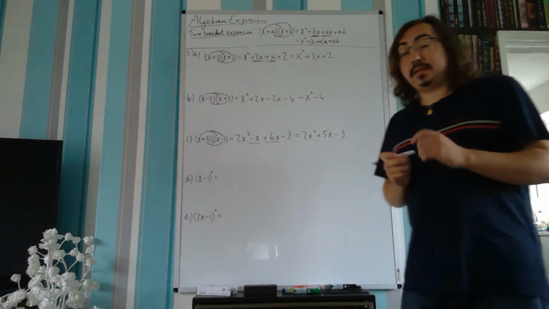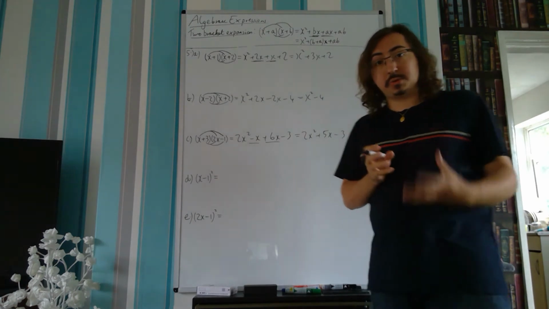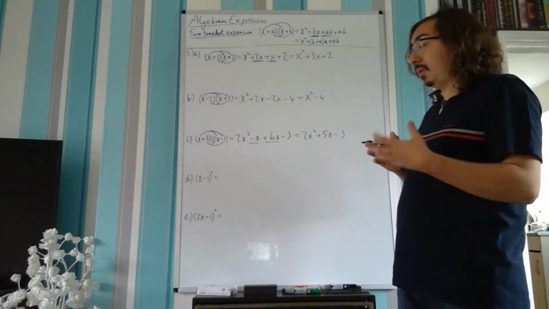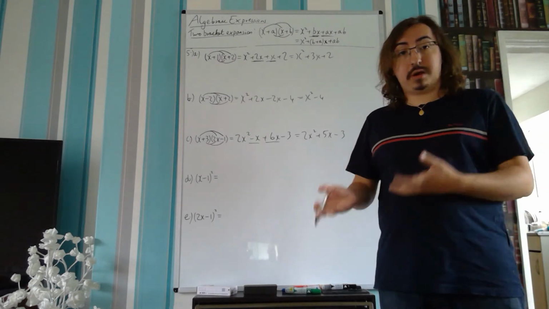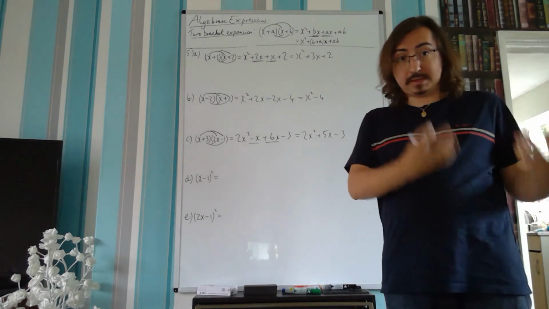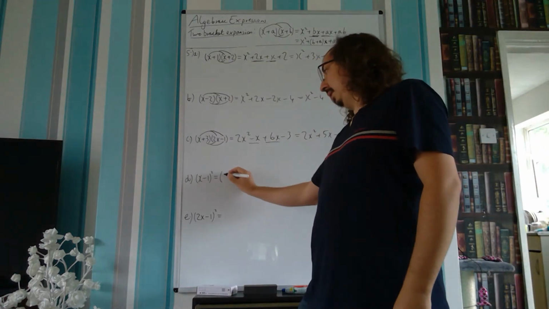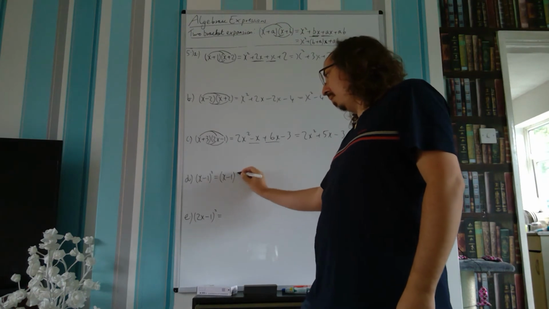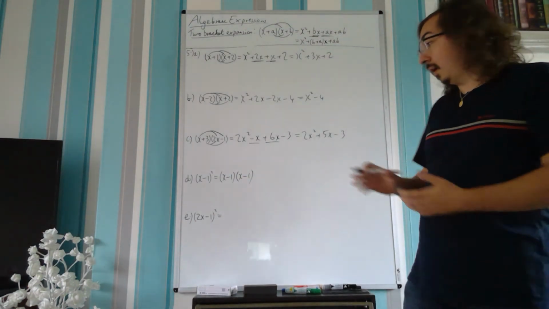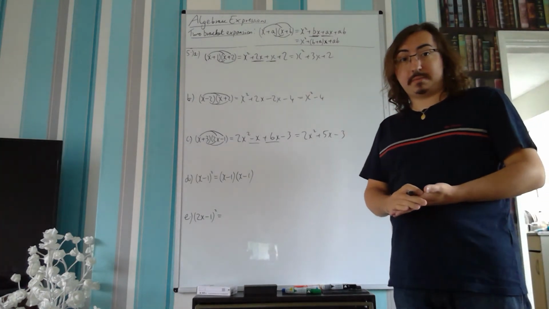Now, d looks a little bit different because we've got an x minus 1 all squared, and you've got to recognise what this means. If you have a number squared or an expression squared, it just means the thing that you've got times itself. So in this case, this really means that we have x minus 1 times x minus 1. And at that stage, we just do the same process as with the earlier examples.